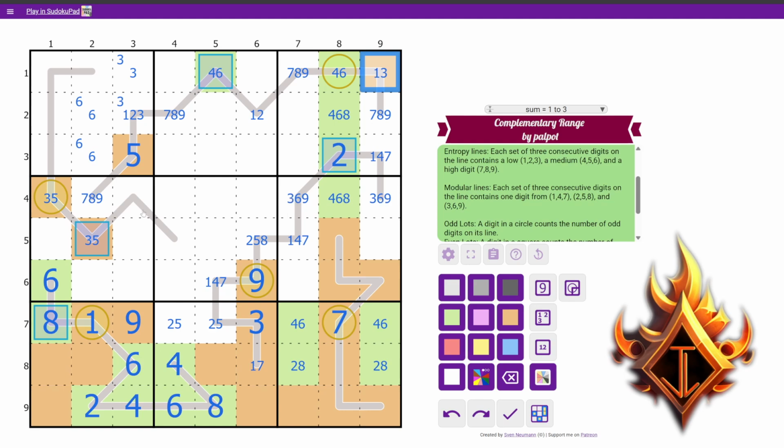Am I making a combo anywhere? This cannot be 4, 5, or 6. Is that interesting? Not really. At least, I don't think it is. It may be.